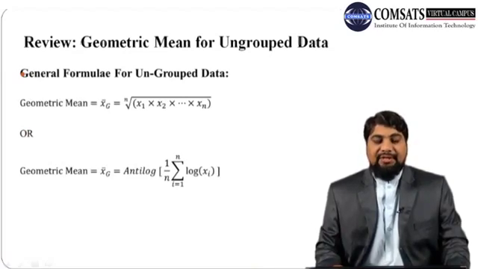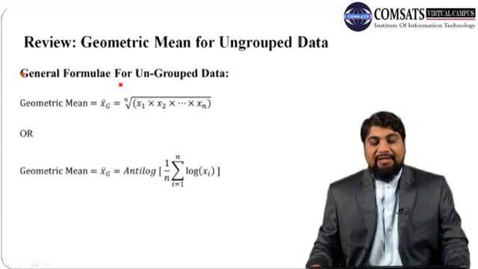So first we take a review of finding the geometric mean for the ungrouped data, which we discussed in our previous lecture. The general formula for finding the geometric mean is, the geometric mean is usually denoted by x bar g, where g means geometric mean, and suppose we have n observations x1, x2 and so on up to xn.